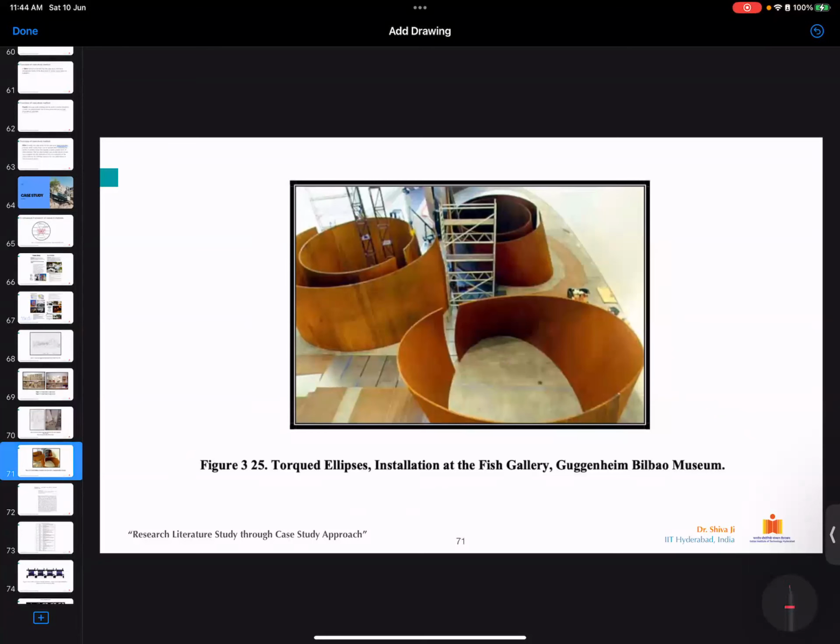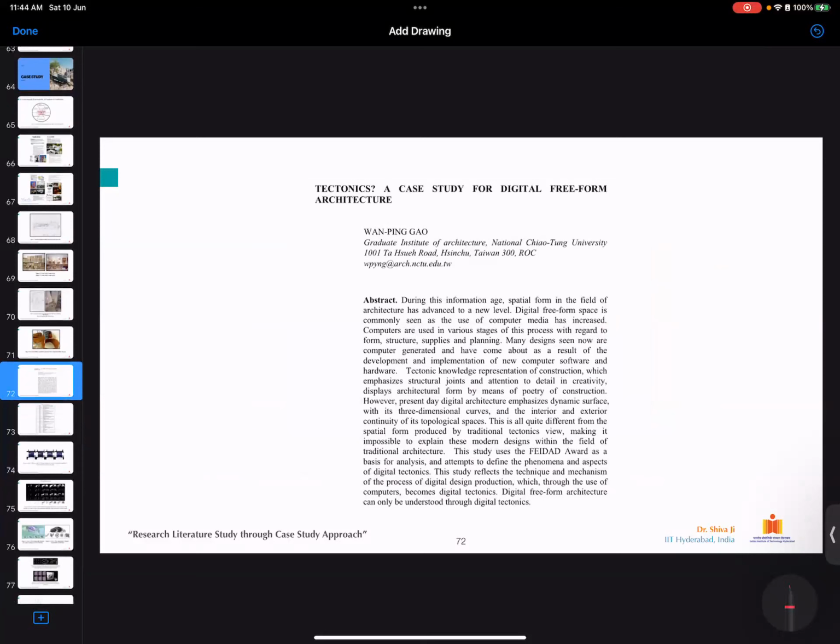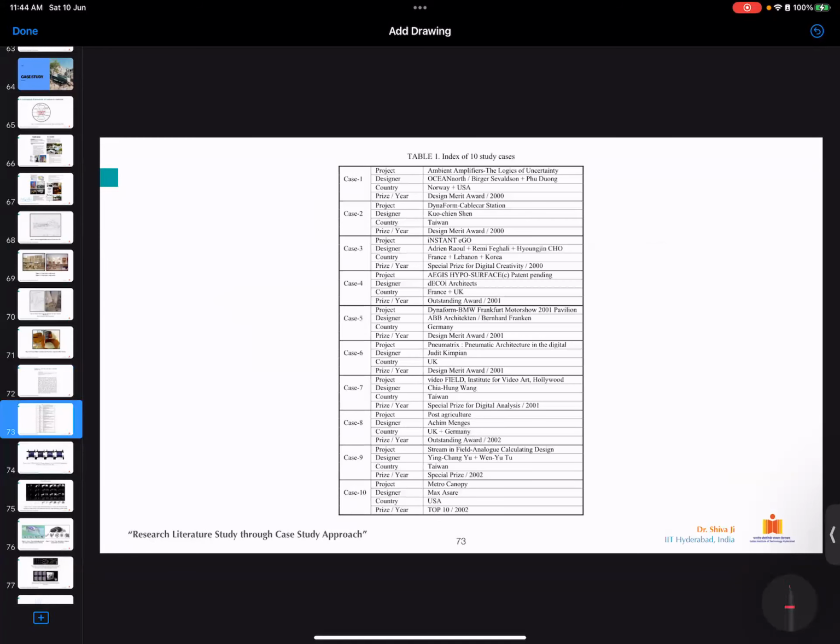So how he came up with such forms, like these uneven surfaces? There are some articles also on digital freeform architecture, on how one can involve the computing abilities of our time and go for interesting forms in design exercises.